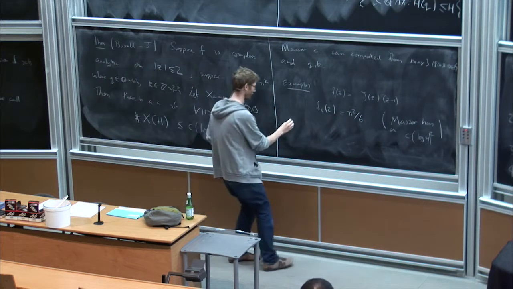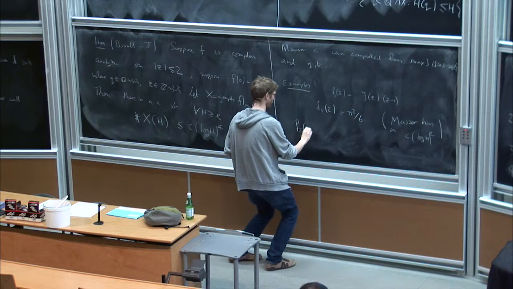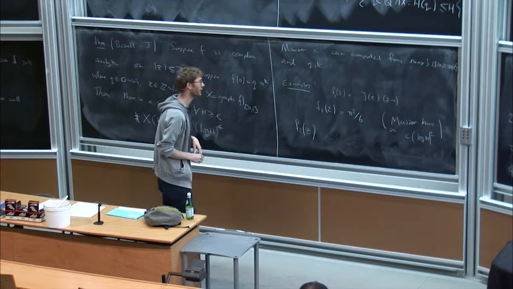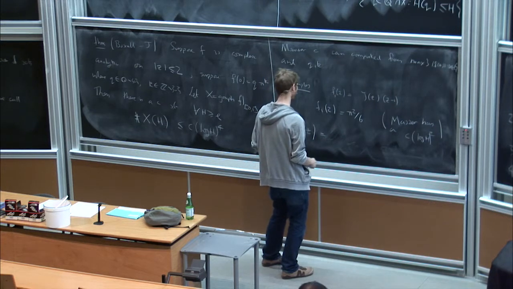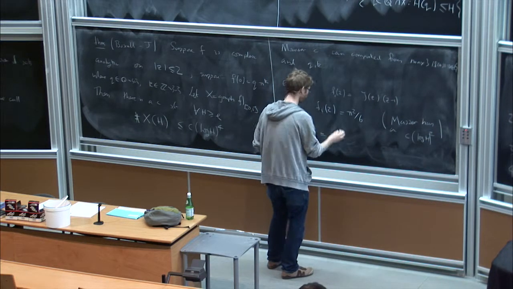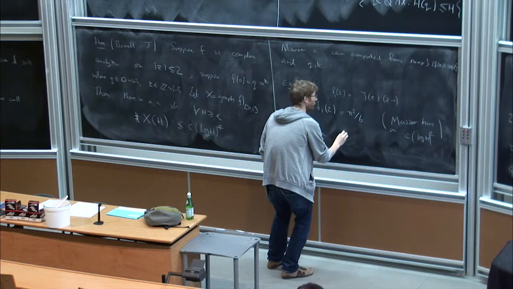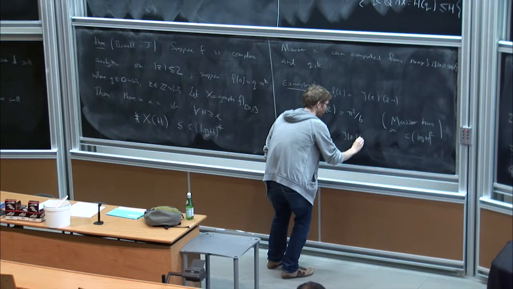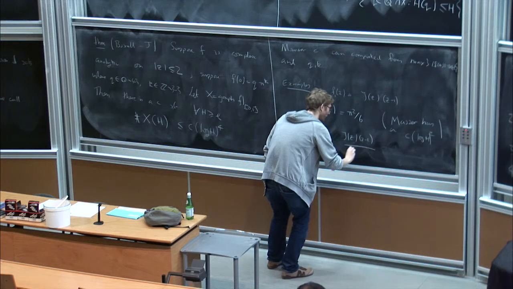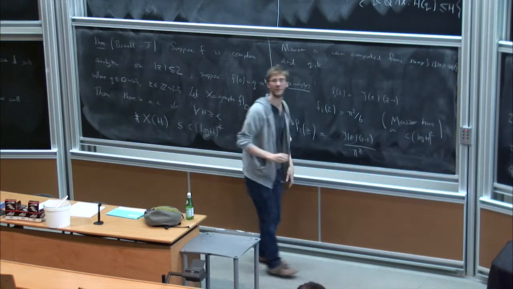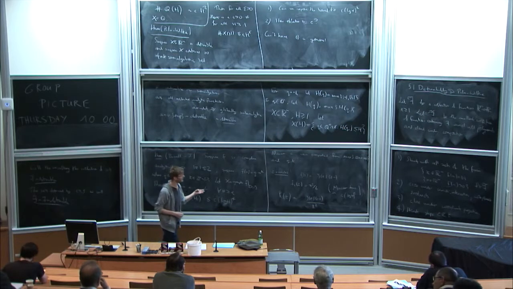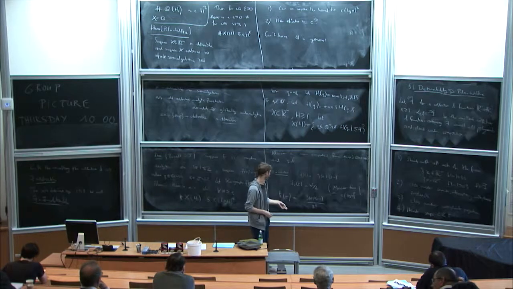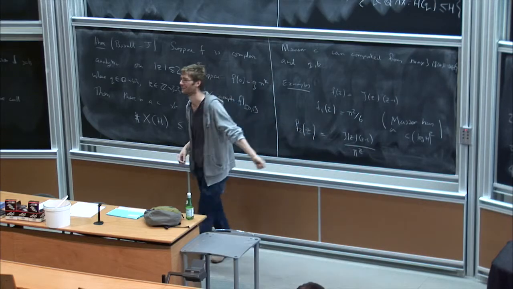So another example is, well, I can take f2 to be zeta of z times z minus 1 over pi to the z, so that at positive even integers I get rationals.